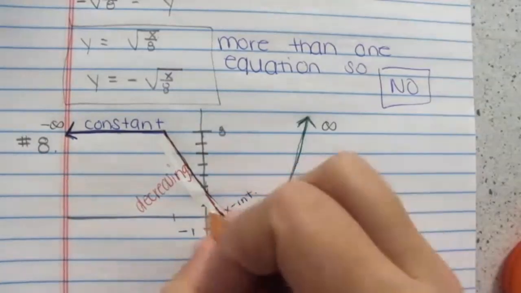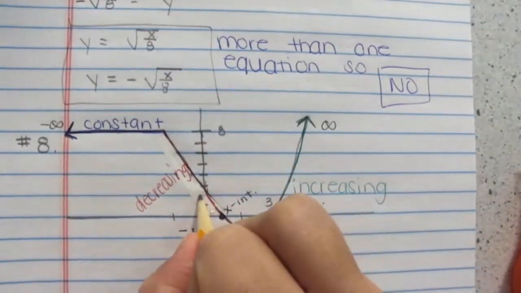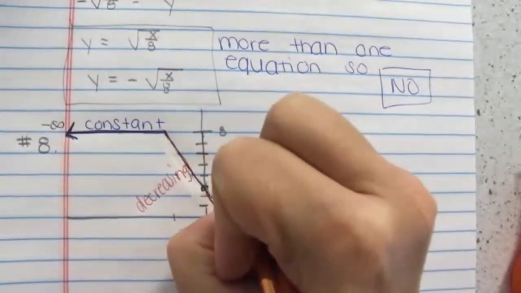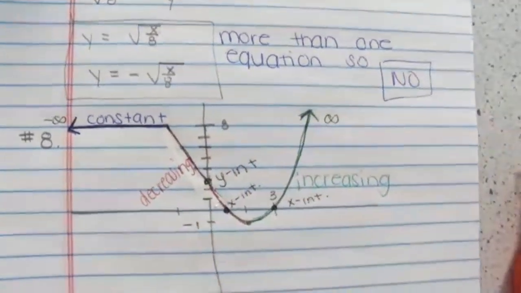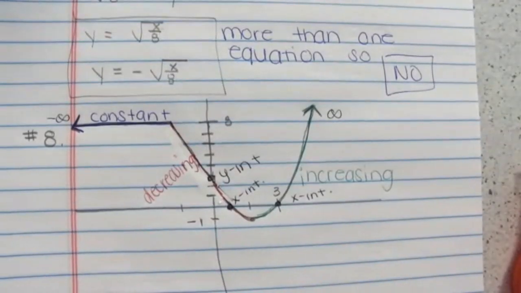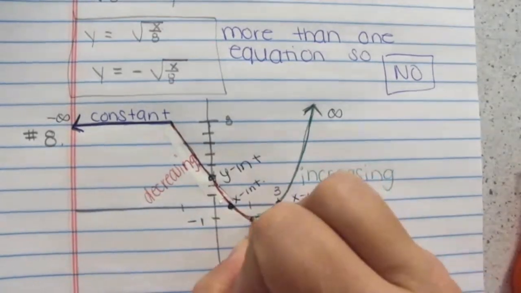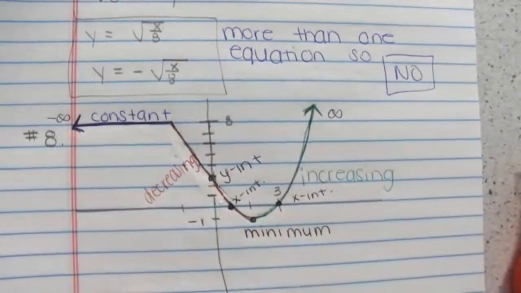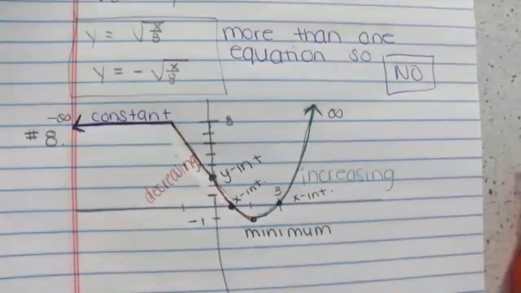So then here, the y-intercept is at 3. This was our minimum. And then what was it? 2, -6. The y-intercept, -6.